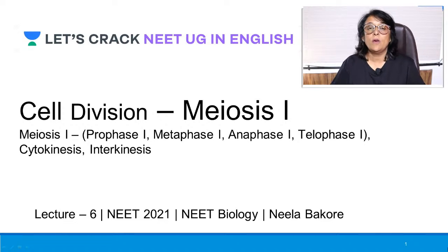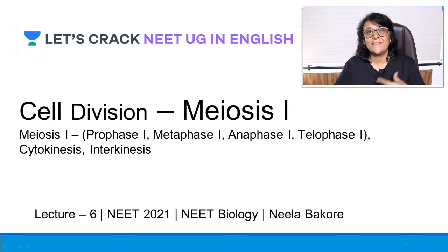Okay, so meiosis I is what we are starting with, the prophase I. In the previous lecture I gave you a complete overview of meiosis. As a quick recap, meiosis is completed in two parts, meiosis I and II. In both, there are two stages, karyokinesis followed by cytokinesis.